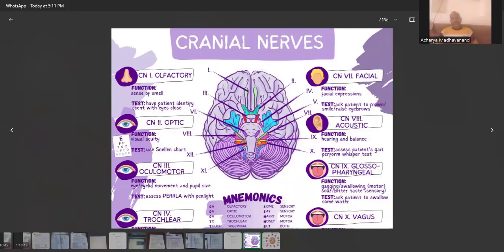Then next is the most important nerve for our body, the vagus nerve. This cranial nerve is the vagus nerve. It is responsible for all the parasympathetic movements for all the organs.